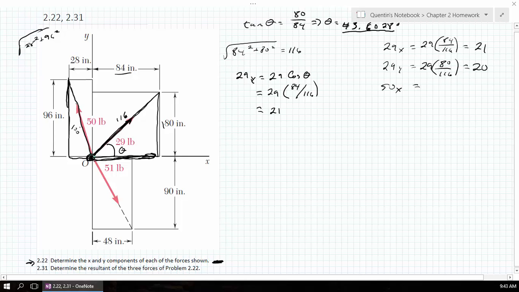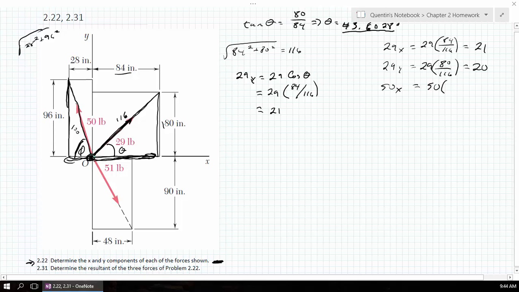So 50 in the x is equal to 50 times... Now this is why I wanted to do this problem. It just depends on how you define it. If I define this angle as phi, then the x component is going to be 50 cosine phi, but it's going to have a negative value, right? Because the x component is clearly going in that direction.